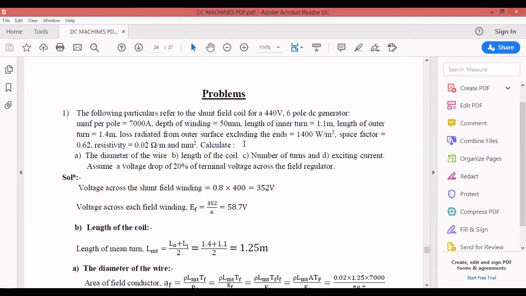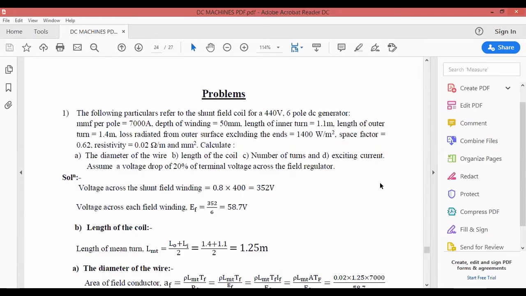Based on this data, calculate the diameter of the wire, the diameter of your conductor of the field winding, length of the coil, number of turns TF, and exciting current IF. You're going to excite that field coil, so you're going to calculate IF. Assume a voltage drop of 20% of terminal voltage across a field regulator. So there will be a drop of 20% due to voltage drop.